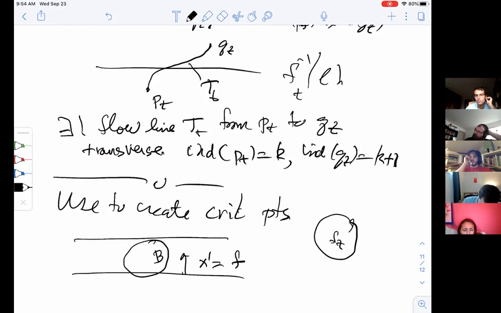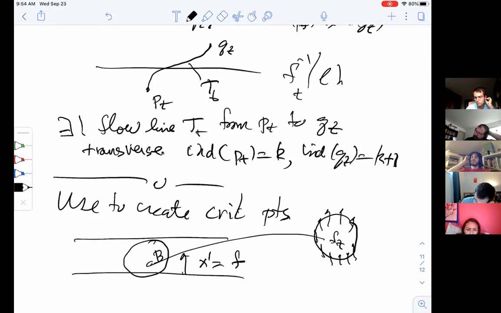It agrees near the boundary with the first coordinate. So I can glue this function in place of the standard function I had across the ball. And if I take t positive, there'll be these 2 canceling critical points. So by sticking this ball in, I create, in a region where everything was just a nice product, a pair of critical points of arbitrary index k and k plus 1.